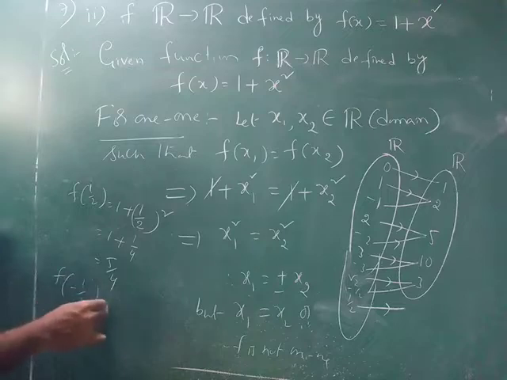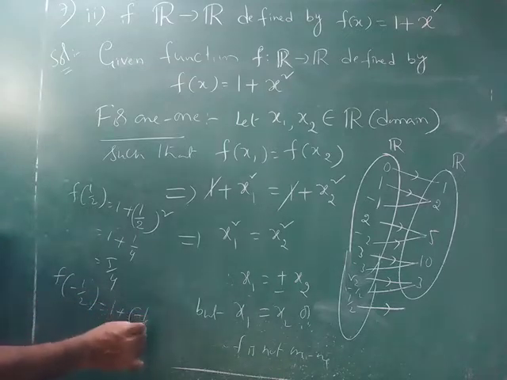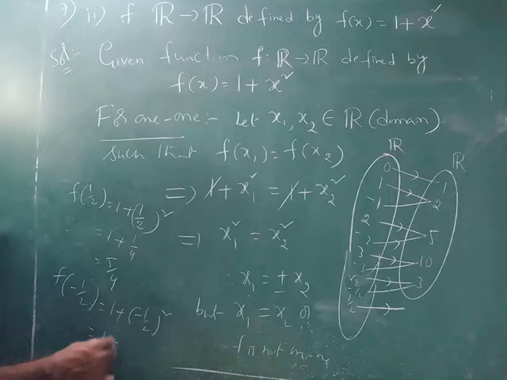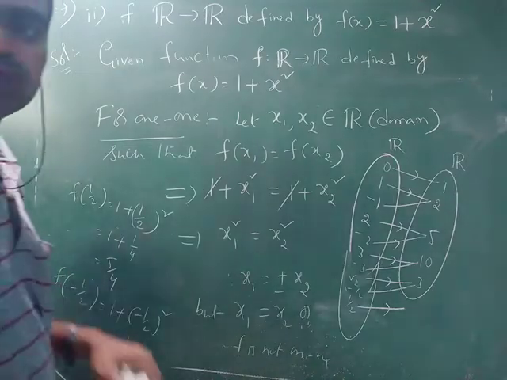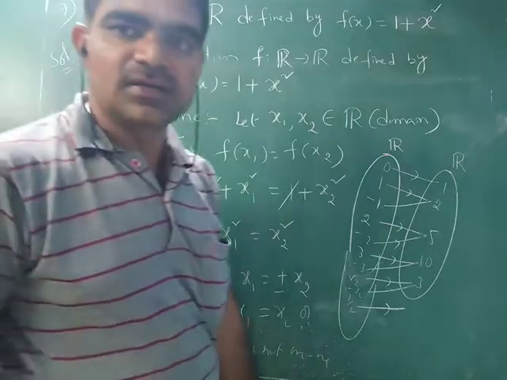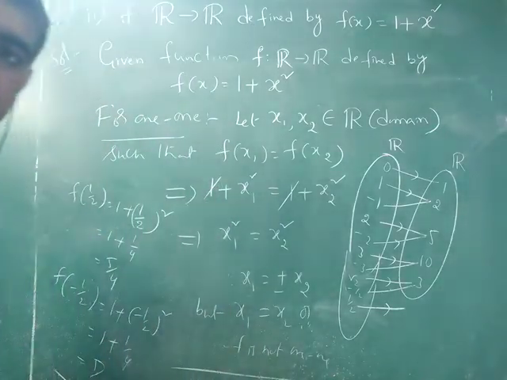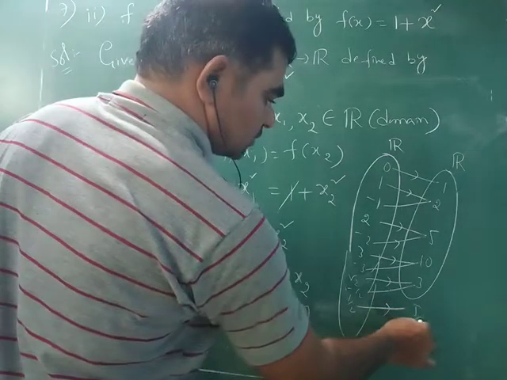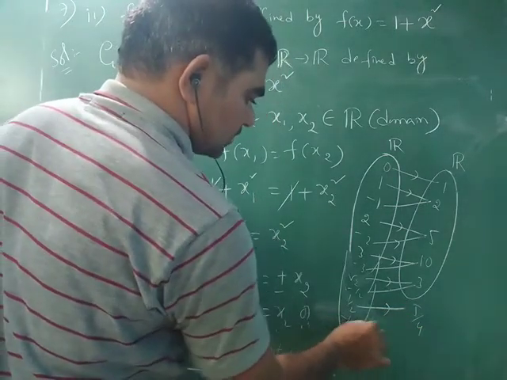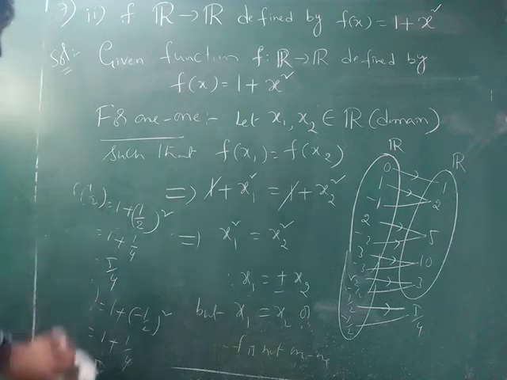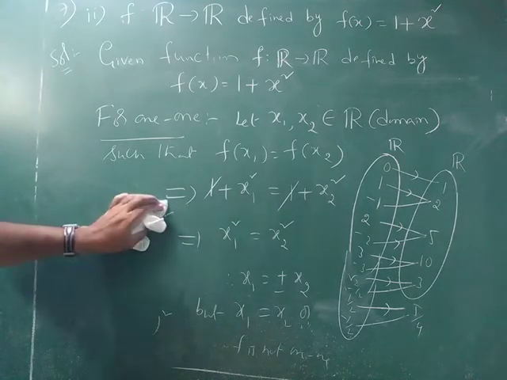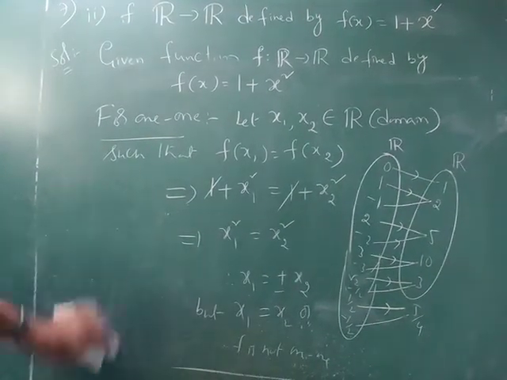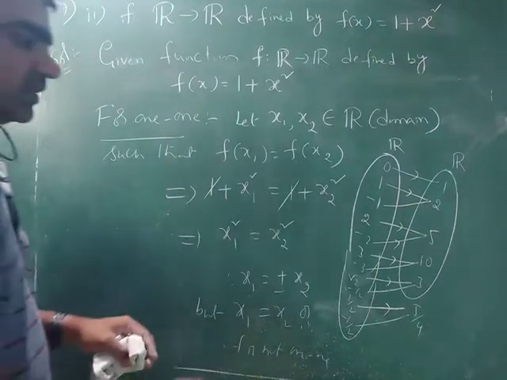F of minus 1 by 2 is 1 plus minus 1 by 2 whole square, 1 plus 1 by 4, which is also 5 by 4. Correct or not? That means for 1 by 2 and minus 1 by 2 also we get 5 by 4.